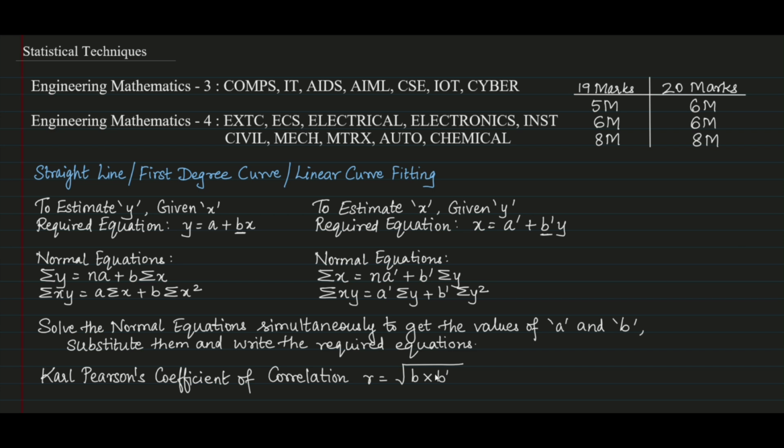So R will be square root of b into b dash. Then R square will be equal to b into b dash.